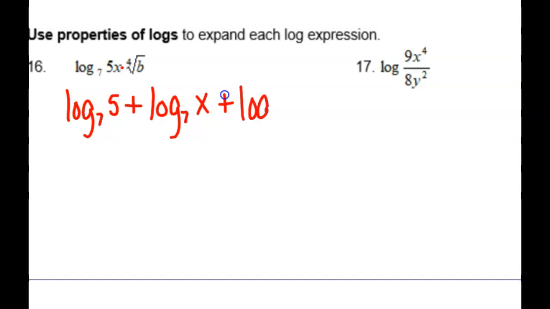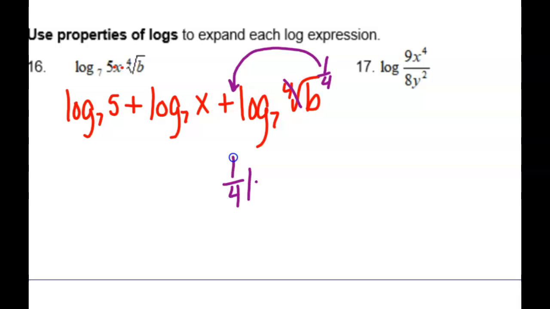So we'd have plus log base 7 of the fourth root of b. I just got rid of, yep, this is going to be 1/4 power. Okay, and where do the powers go again? They multiply out front. So we're going to have a 1/4 log base 7 of b.